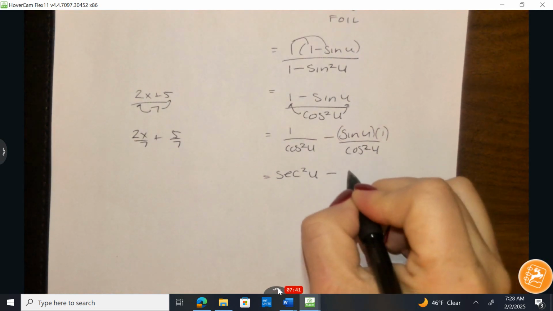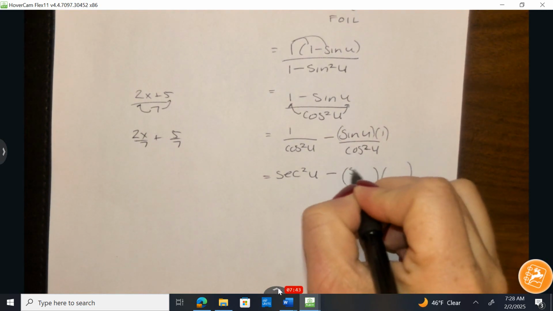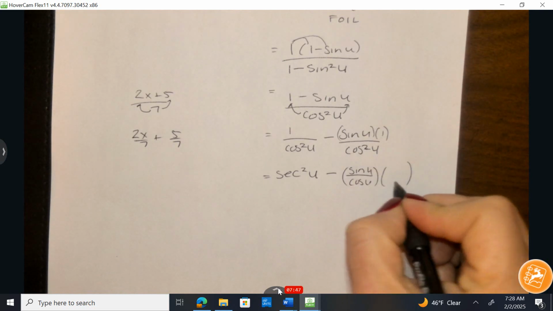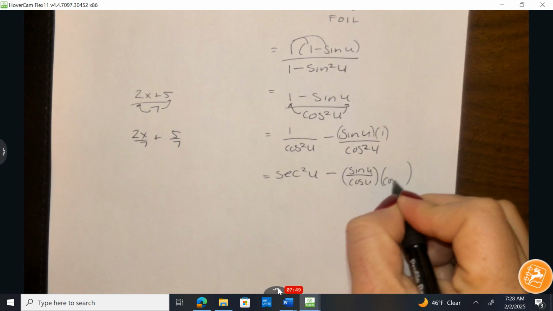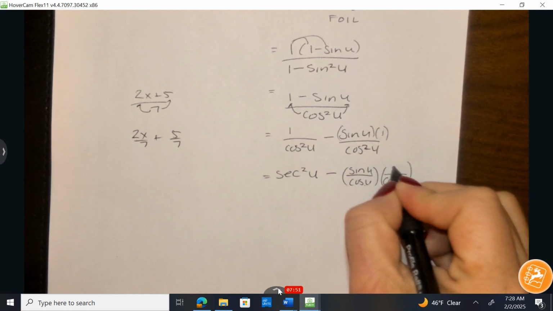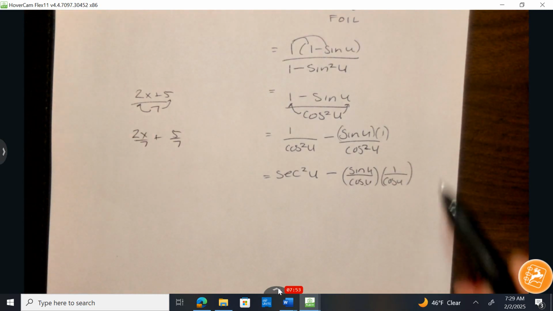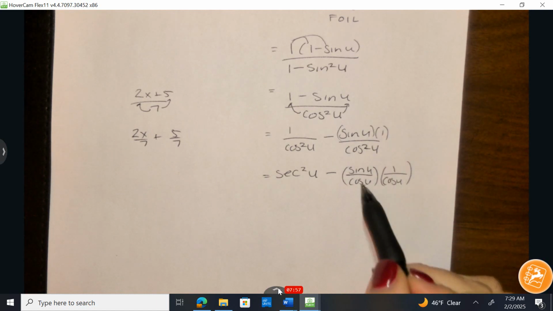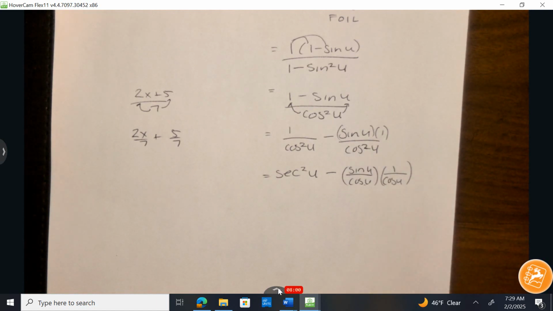So I'm going to have two parts here. I'm going to have sine of u over one of those cosines right here, and here's the other cosine of u, so that becomes cosine squared times 1. If I multiplied, I'd have cosine u times 1, that's cosine u. Cosine u times cosine u is cosine squared u.